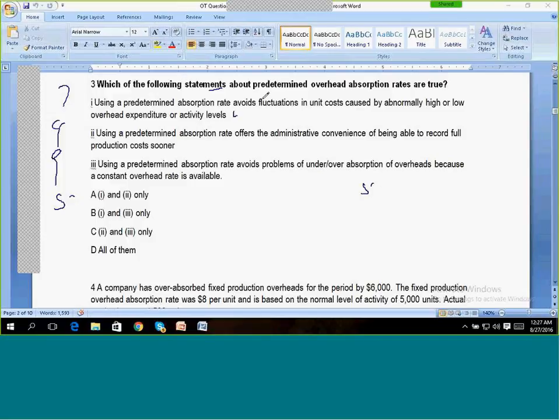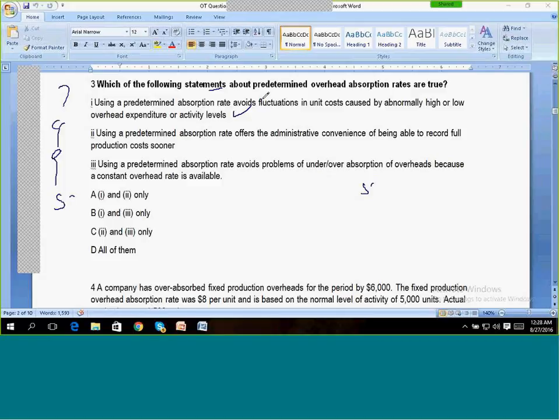The statement is right for me. Statement number one, they say, using a predetermined absorption rate offers the administrative convenience of being able to record full production costs sooner. That I think is right, because you don't wait till the end of the month to record the cost. Since we have a predetermined overhead absorption rate, we can record the cost as it occurs.